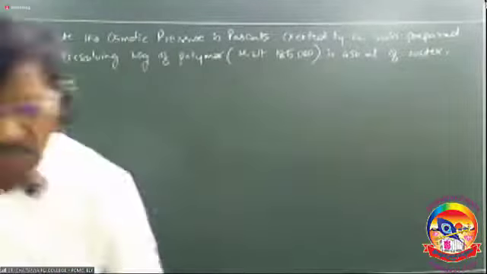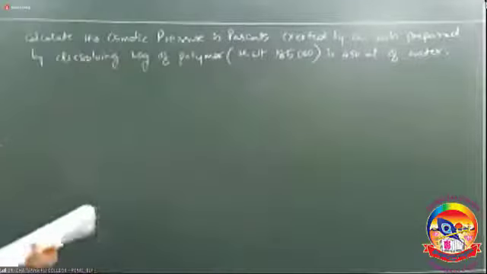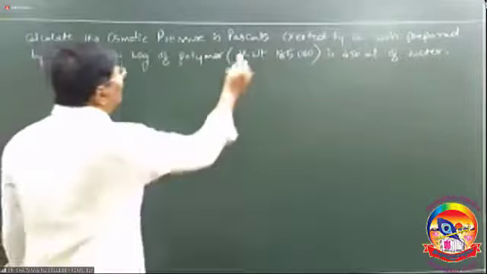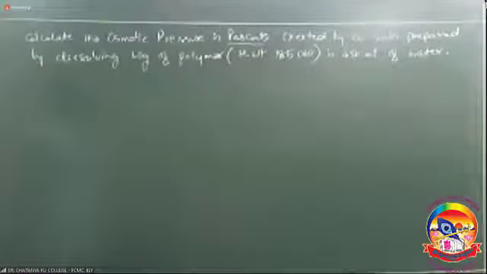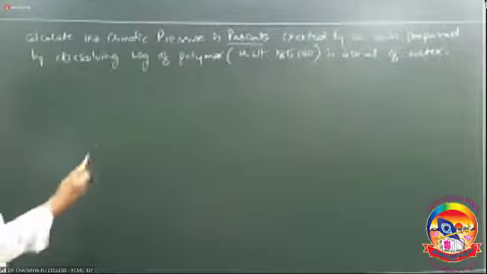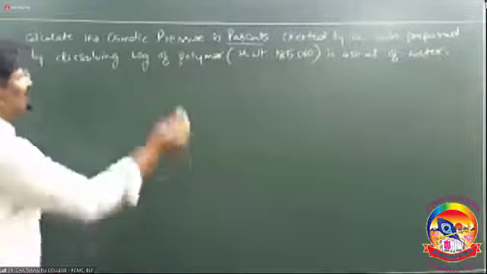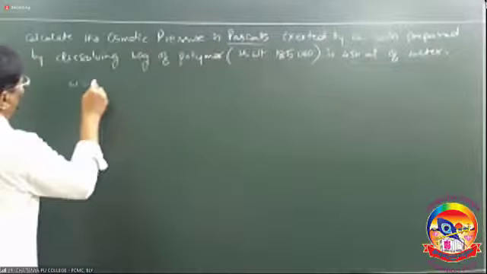Now let us see one problem. Osmotic pressure you have to calculate in pascals. Whatever the data is given, let us take them. The weight of the solute is given as 1 gram.